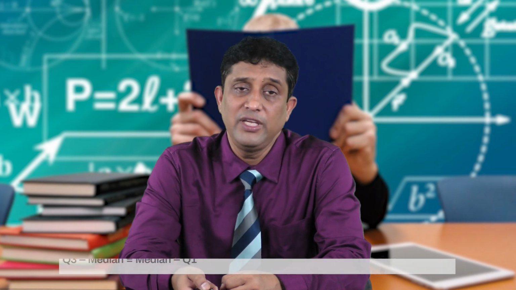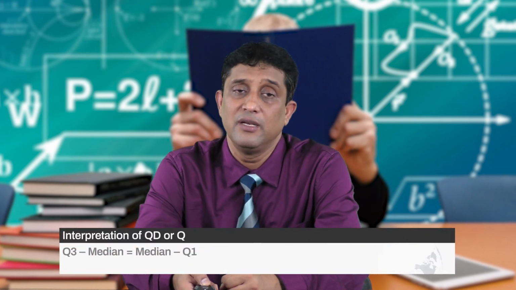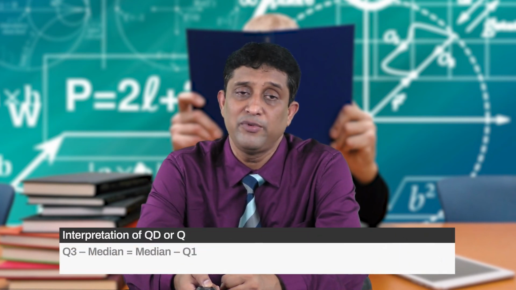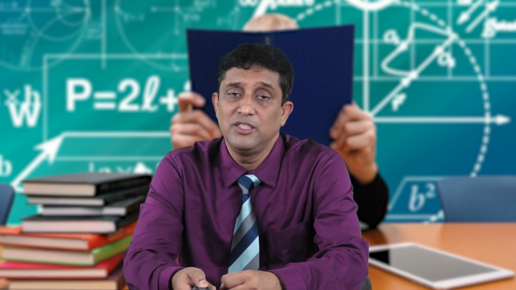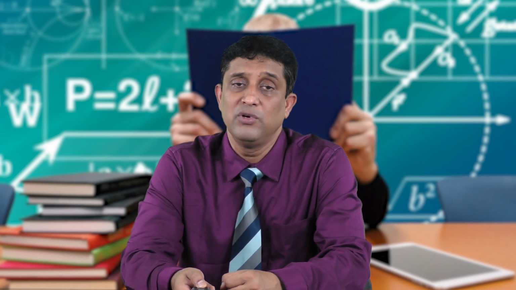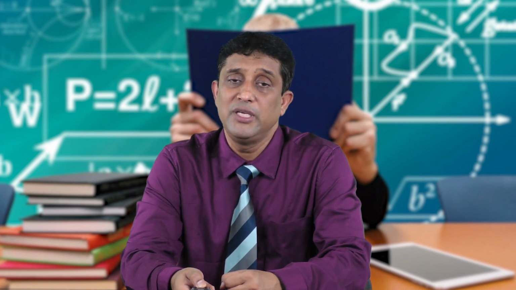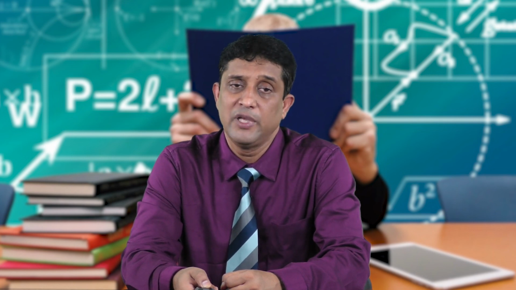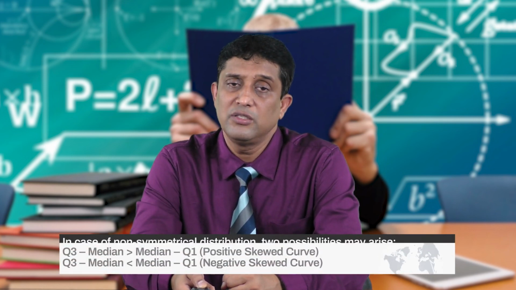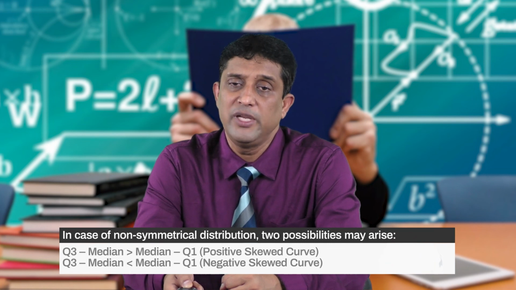Okay, and we can say that if we subtract the median from Q3, the result that you will get is the same as median minus Q1. In case of a non-symmetrical distribution, two possibilities may arise.